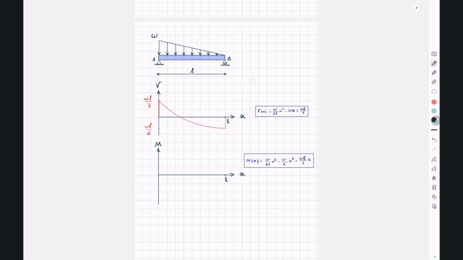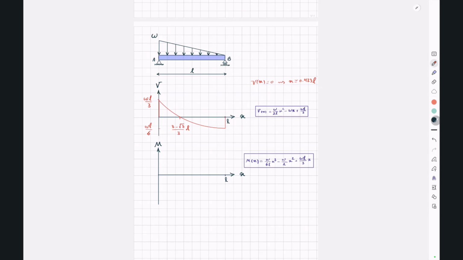And if we solve this equation, Vx equal to 0, we will get an x equal to (3 minus square root of 3) over 3 multiplied by L. So at this point, our shear force will be equal to 0. x is approximately equal to 0.423 L. Our Mx is a cubic equation.